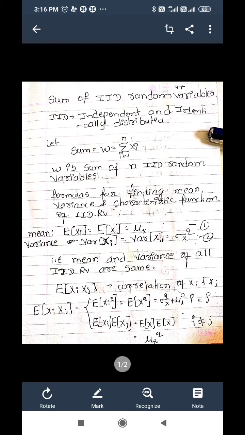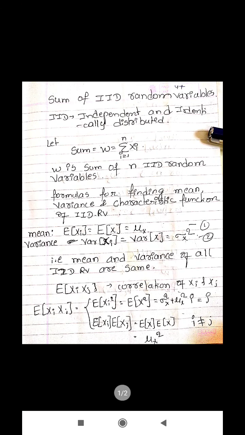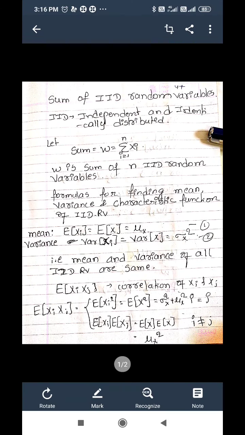To find the mean of this W, consider the mean of the random variables, E of Xi, any one random variable. You know that these random variables are identical, so I can write E of Xi is equal to E of X, which is mu x.